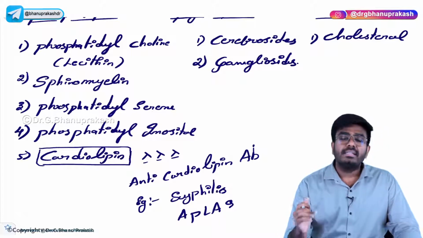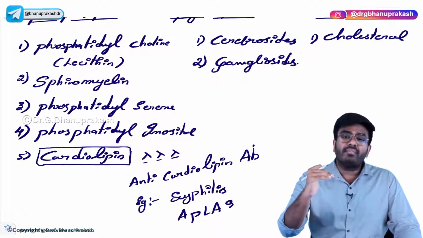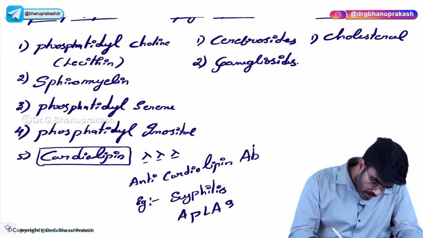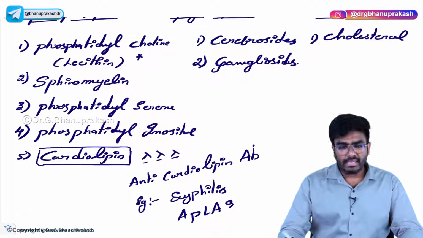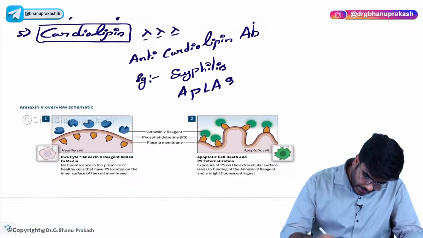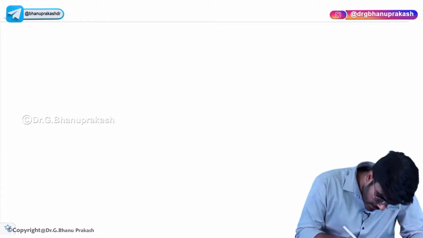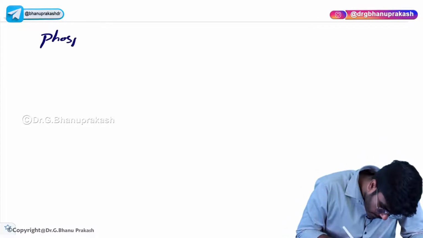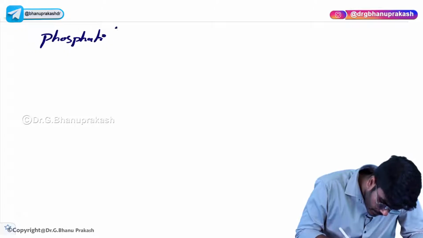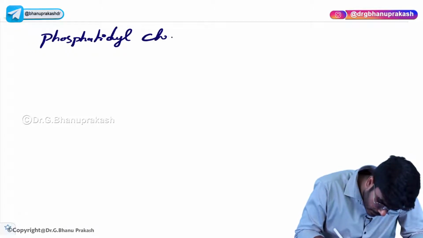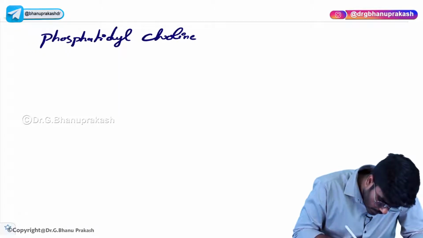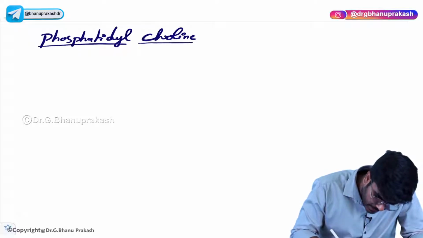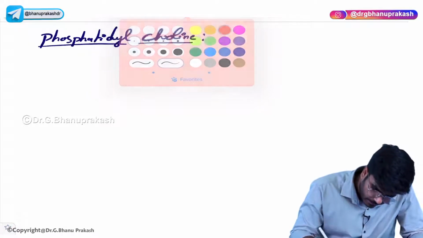Now after saying this, let's discuss one by one. First, let's discuss phosphatidylcholine. Let's write it down here, guys. Okay. Now, what are the important points which you need to know for your exams regarding phosphatidylcholine?